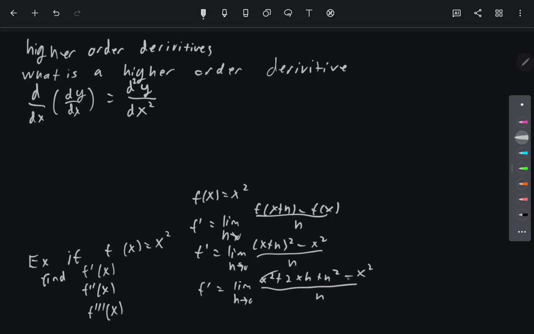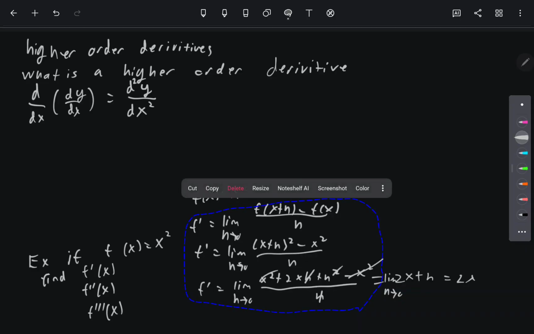Well, this x squared and this x squared will cancel. This h and that h are going to cancel. So we are just left with 2x plus h. The limit as h approaches 0 in that case then is 2x. All right, so we found the first derivative.